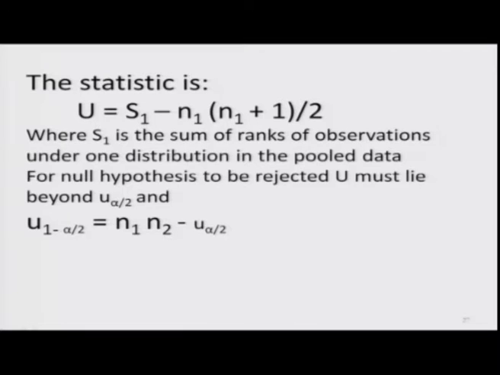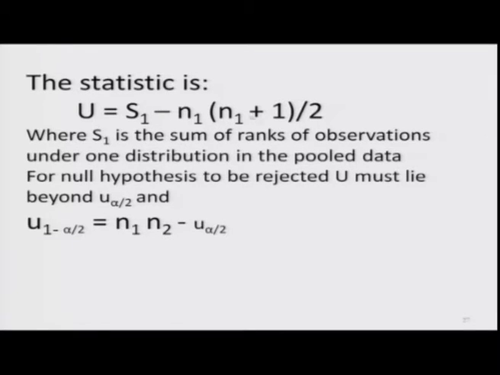And S1 is the sum of ranks of observations in the upper class, and this is what it would be if the first group is so separated from the second group that ranks 1 to N1 belong to it.